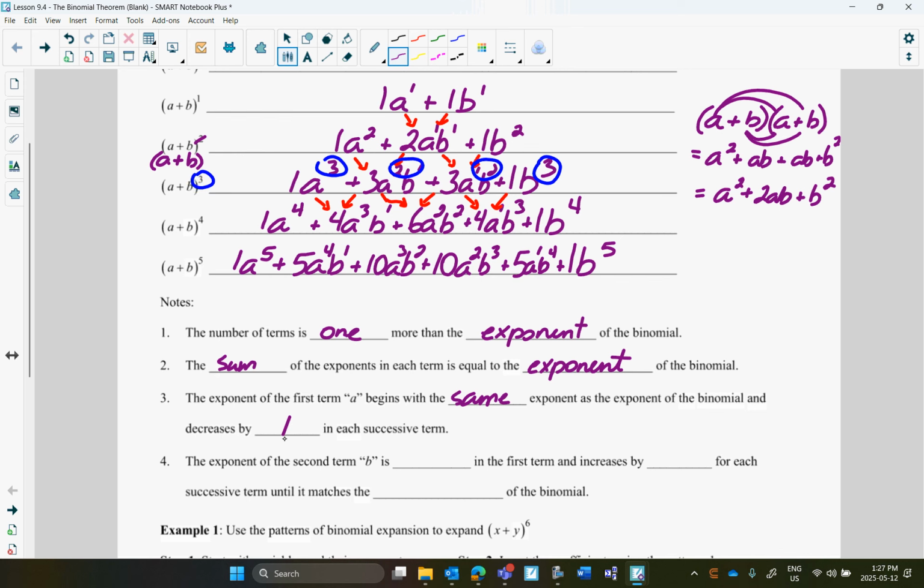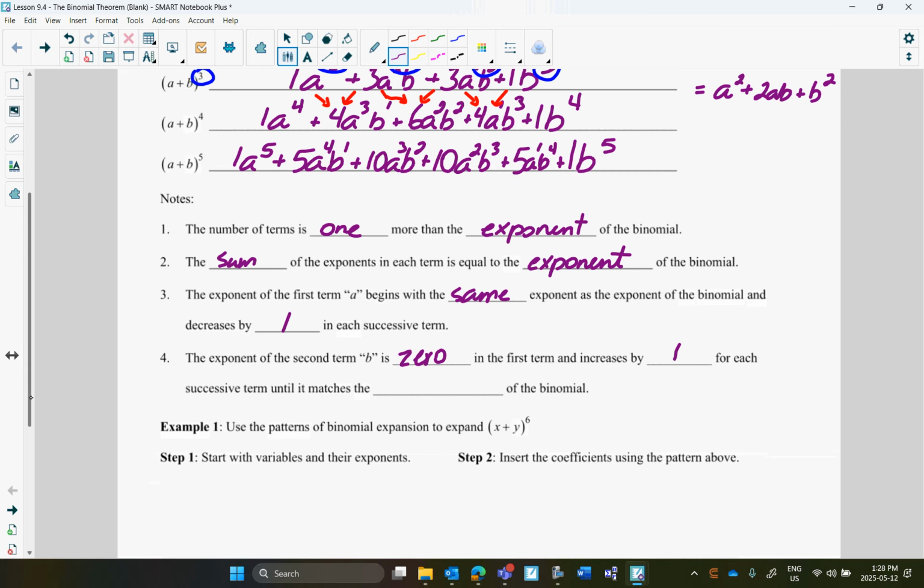The b's, technically, it's 0 in the first term, because anything to the 0 is 1. So you could think of this like 1a to the fourth, b to the 0, if you wanted to. And it increases by 1 for each successive term until it gets to the end where it matches the exponent of the binomial.